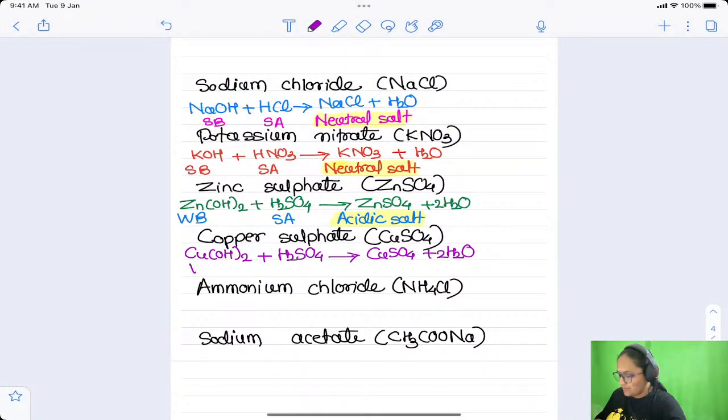Cu(OH)2 is a weak base, H2SO4 is a strong acid. Therefore what type of salt we are getting? Acidic salt, right? We are getting acidic salt here in case of copper also.